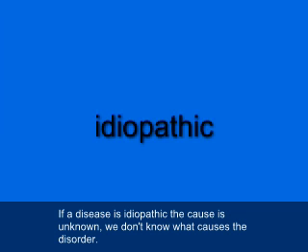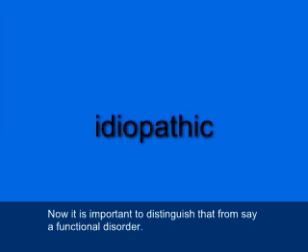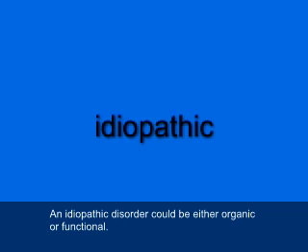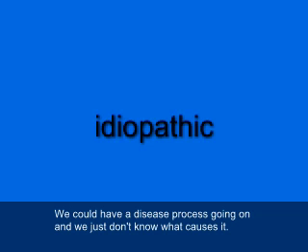We don't know what causes the disorder. Now, it's important to distinguish that from, say, a functional disorder. An idiopathic disorder could be either organic or functional. We could have a disease process going on and we just don't know what causes it.